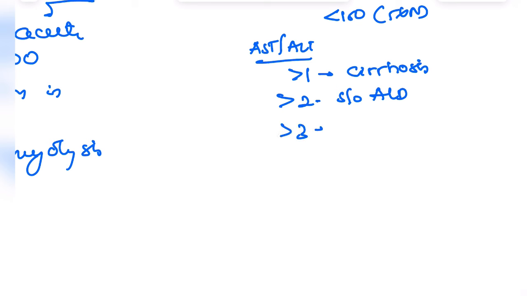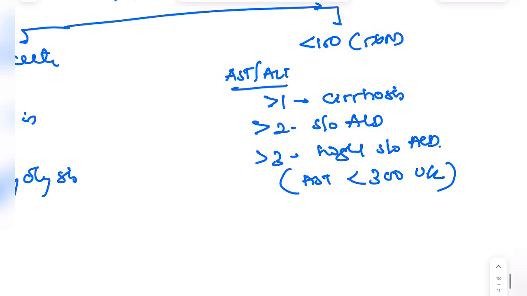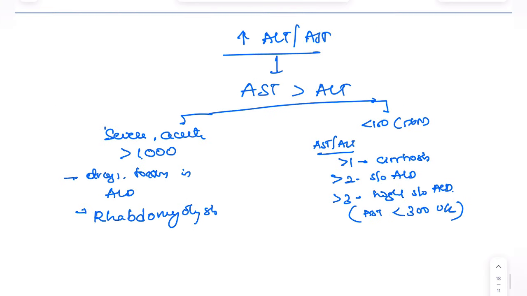If it is more than 3, it is highly suggestive of alcoholic liver disease. Also, in ALD, AST will never be more than 300 international units per liter. So this is the approach when you get raised AST and ALT. Hope you understood this.